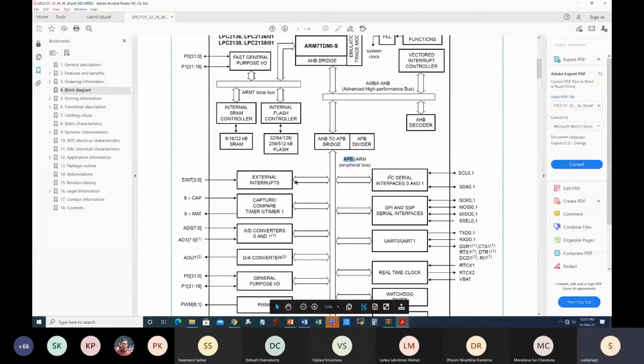Obviously, you can access any one of the peripherals at a given time, but in general, the physical distance of these APB peripherals is far from the processor, which is the ARM7 core. Distance here means even a few millimeters more as compared to the ARM7 local bus, and the distance from the ARM7 TDMI matters a lot in a microcontroller chip.